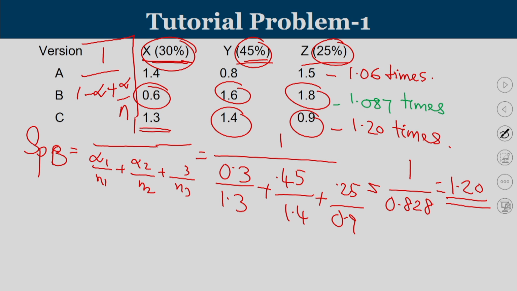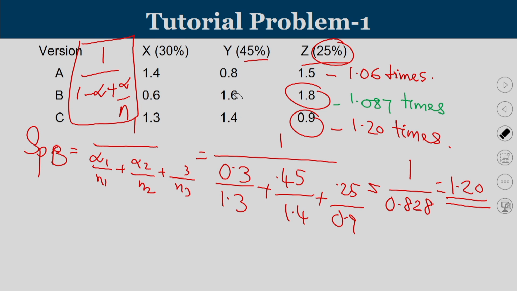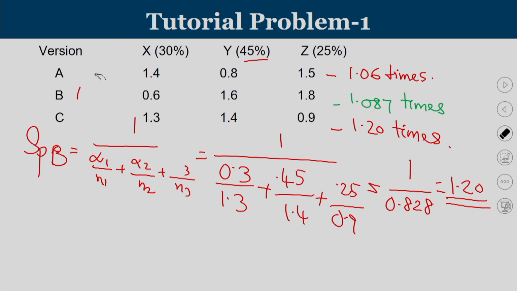Let me redraft it once again: 1 by 1 minus alpha plus alpha by n, that is being given by Amdahl's law. It states that alpha is the component that is not going to be affected by the enhancement, and n is the number of times the performance is going to improve on the enhancement applied section.